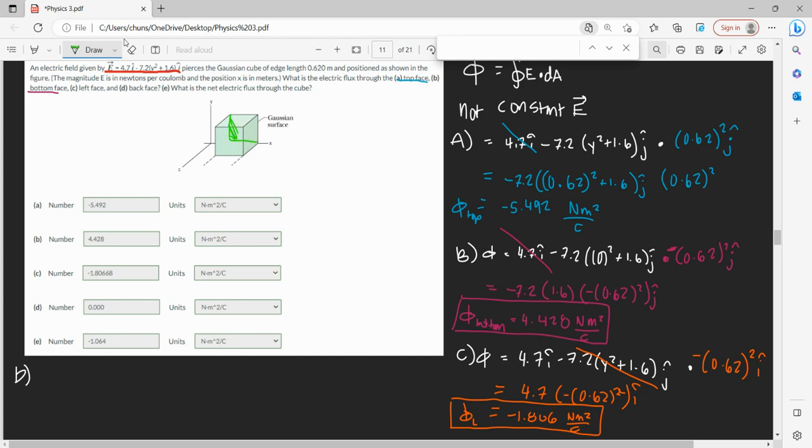If we have our back face here, and it's pointing out in that direction, that it's in our negative z direction, or our negative k hat unit vector direction. We can see that in our E equation, there is no k component in our electric field. So our flux will be 0.